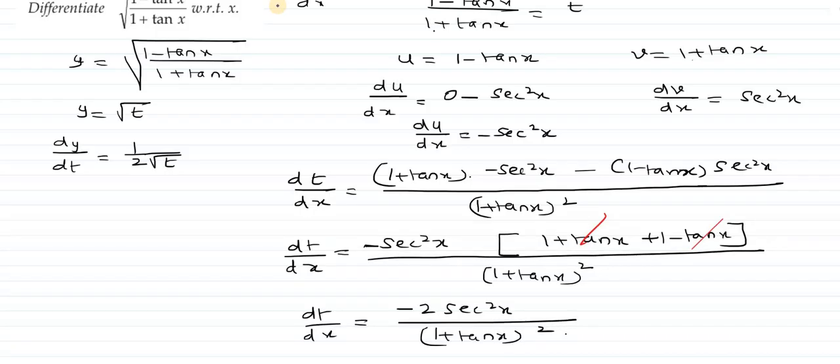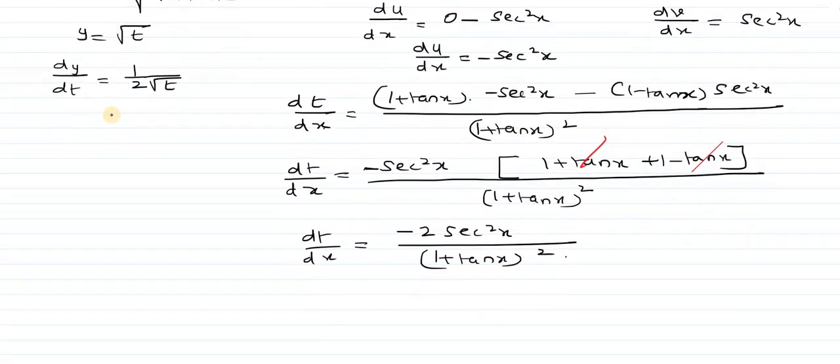u is 1 minus tan x only. du by dx we have written. v is 1 plus tan x, dv by dx, no change in that. But here I cannot write dy by dx, right? Because the function is t. t is a function of x now. So dt by dx is this. Now dy by dx can be written as dy by dt into dt by dx.